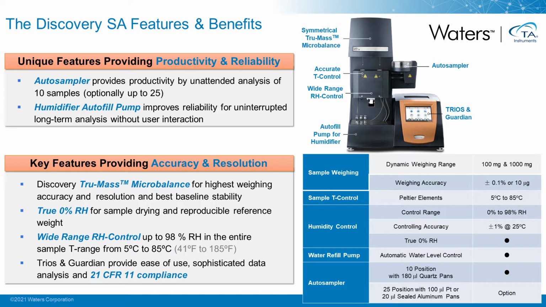In the lower right-hand corner is just a chart of some of the specifications for the instrument. We've already talked about the RH control range and the temperature control range. So there are a few others there. There's two weight ranges for this instrument, a 100 milligram and a 1 gram weight range.